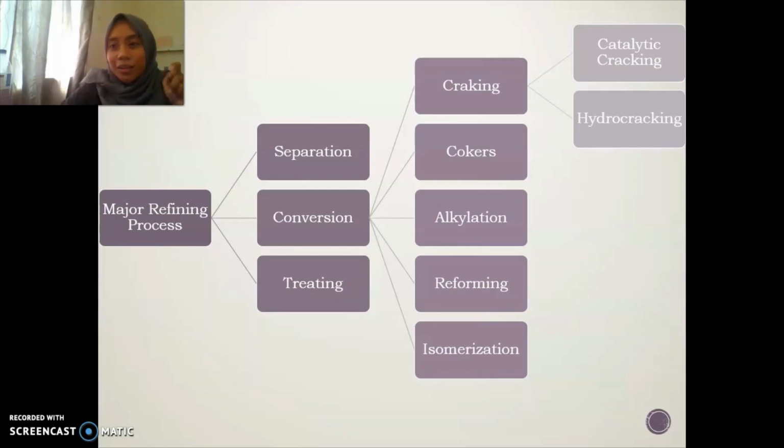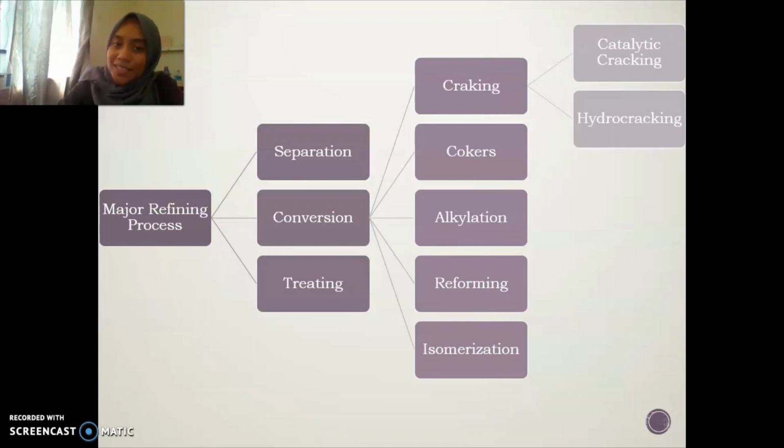This cracking process will produce valuable products. Coking is a process used to convert heavy residual oil into lighter products and distillates.